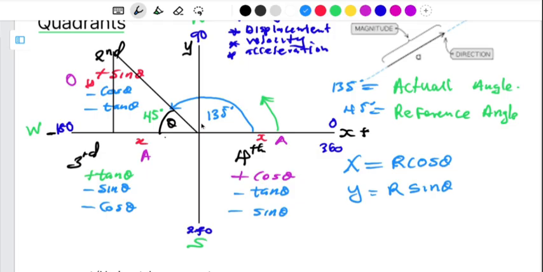Because they can say, let's say the player kicked the ball and the ball moved to the northwest at an angle of, let's say, 45 degrees. Northwest, if you draw the compass, where is northwest? This is north and this is west. So meaning to say the angle is 45, you can't say that starting from here up to here, this one is 45. No. Meaning that 45 is the reference angle.